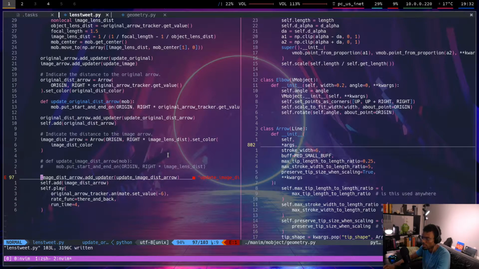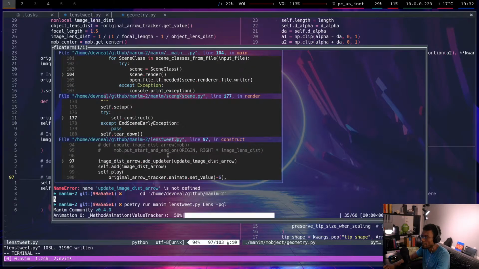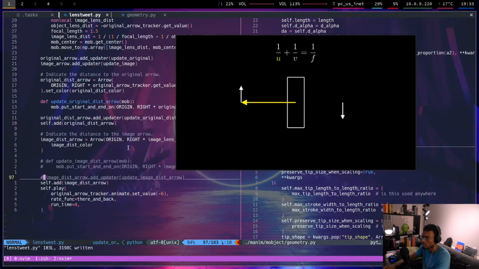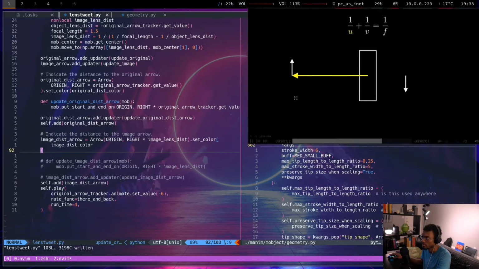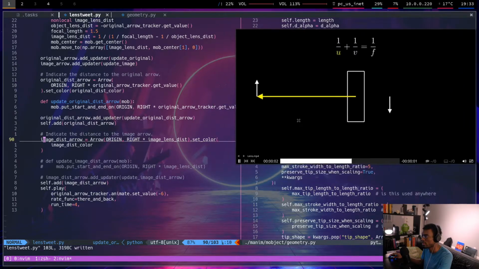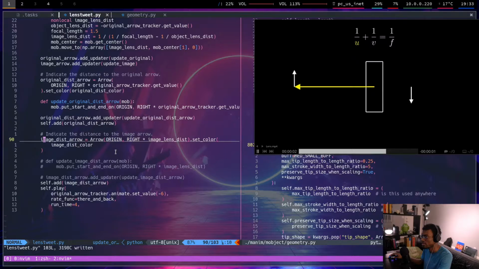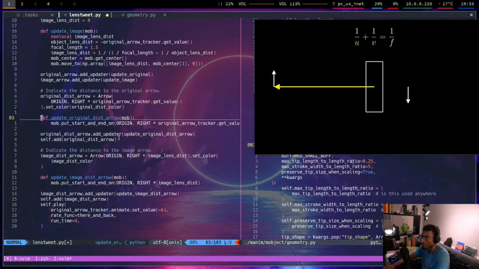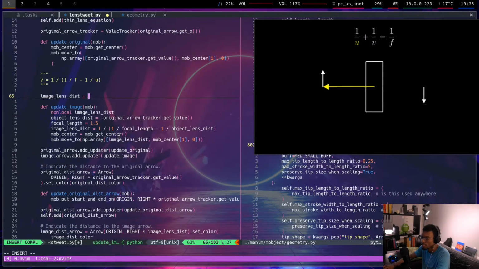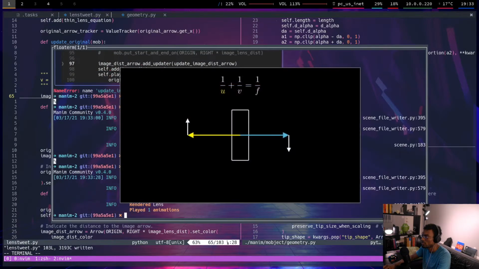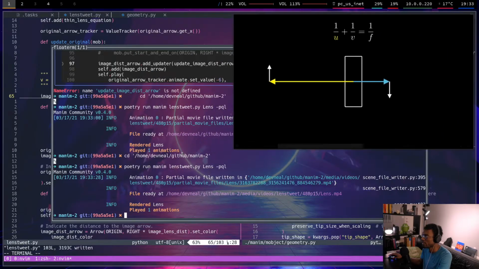Update image dist arrow not defined. That's true. And then it just doesn't appear. Wait, why wouldn't it appear? Returns image. Oh, this starts at 0. Okay, because it starts at 0, I bet it computes the length of the tip based on 0. And then later on, it doesn't recompute it. So if I just make this some number. That's Manim for you.